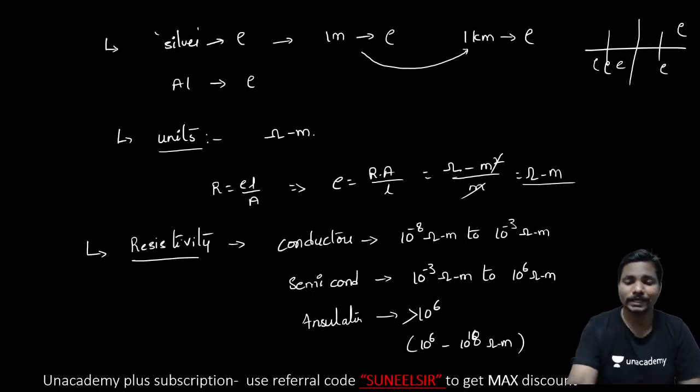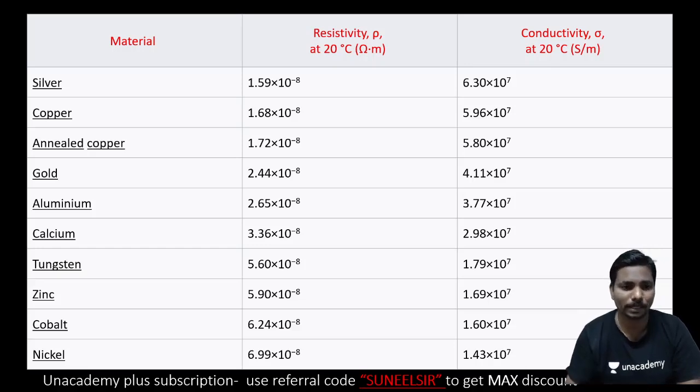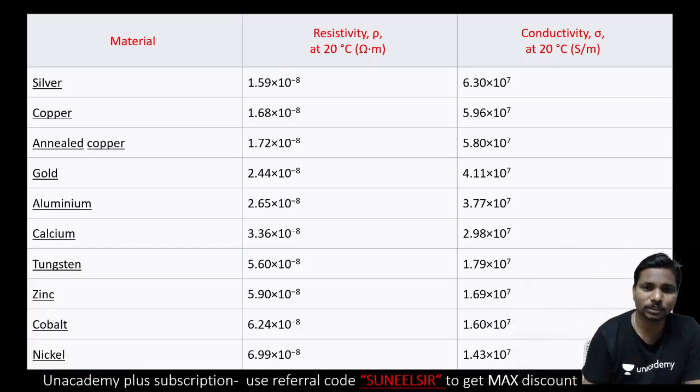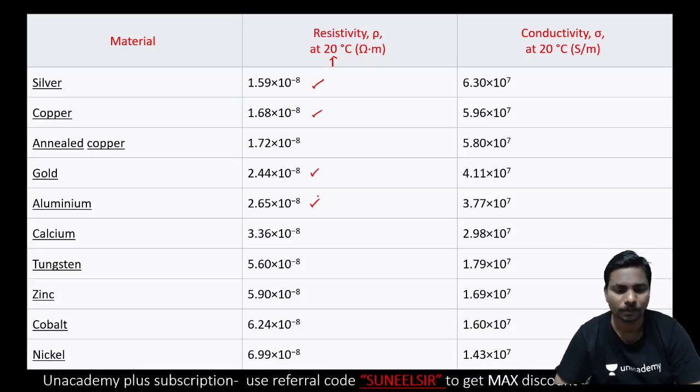Let us discuss those values with some examples. Here are the typical resistivity values at 20 degrees centigrade. For silver it is 1.59 into 10 power minus 8, copper 1.68, gold 2.4, and aluminum 2.65.